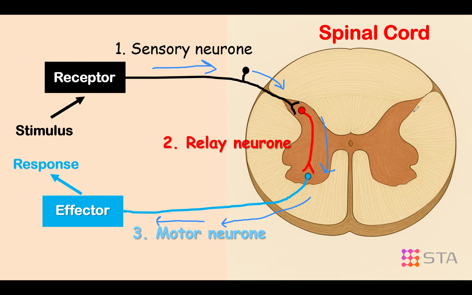So this is the structure of the central system in a very, very simple way. Don't worry about the brown parts and the white parts of the spinal cord. They're not really brown and white. They are called the white matter, so they are white, and the gray matter. But you don't need to know that. So this is how the central nervous system, that's the spinal cord and the brain, receive information from sensory neurons and pass it on to motor neurons in order to respond.